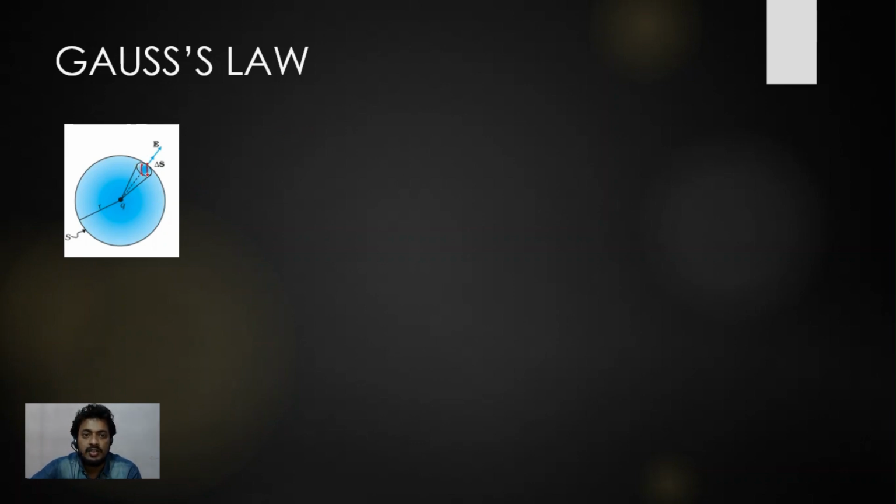Let's assume this is a very small area delta S. So delta phi will be equal to E dot delta S. You can see that the direction is perpendicular to the surface, so theta will be 0, and it will directly be E delta S. Now we integrate it for all surfaces.